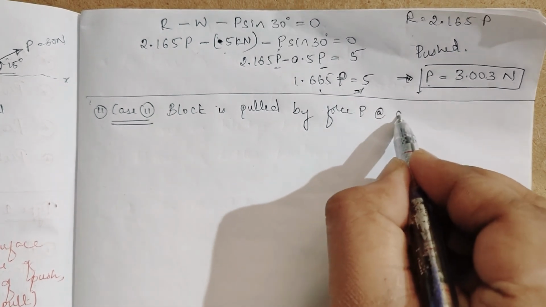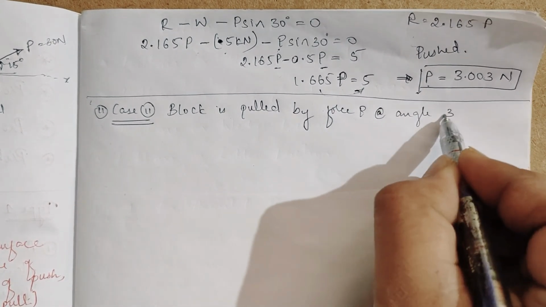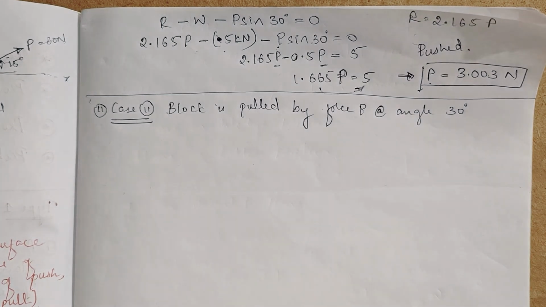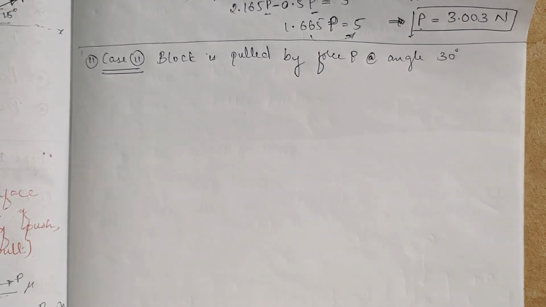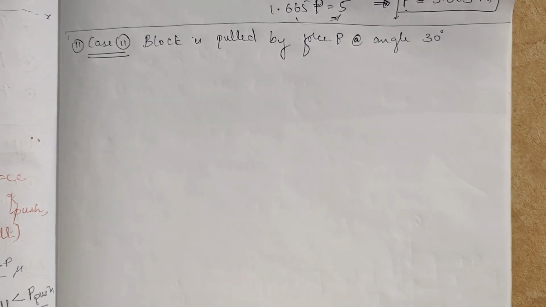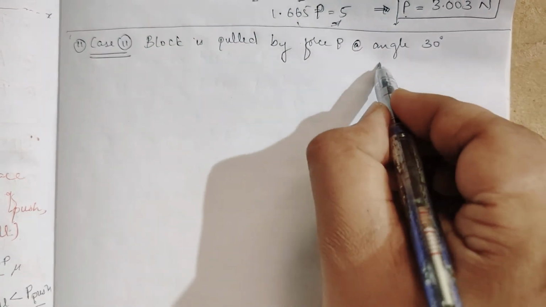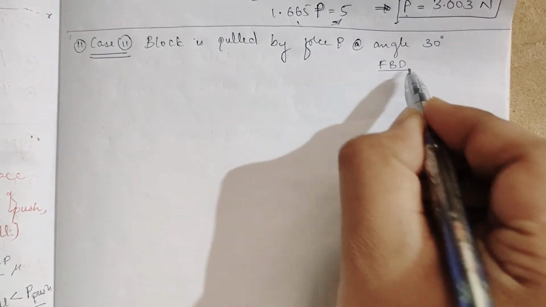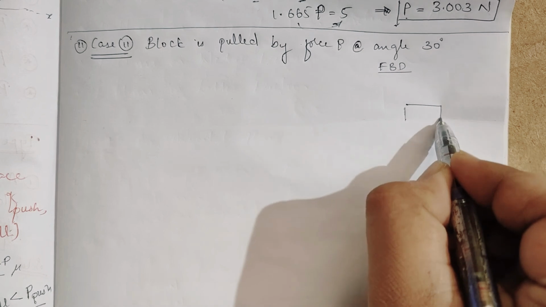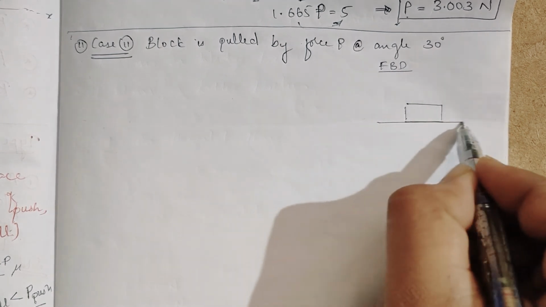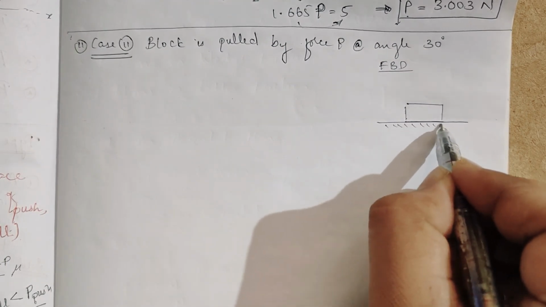at an angle of 30 degree. Okay, now I'll not write the free body diagram separately, we will imagine from now. I'll write the free body diagram directly. The block was there, driven on the horizontal surface.